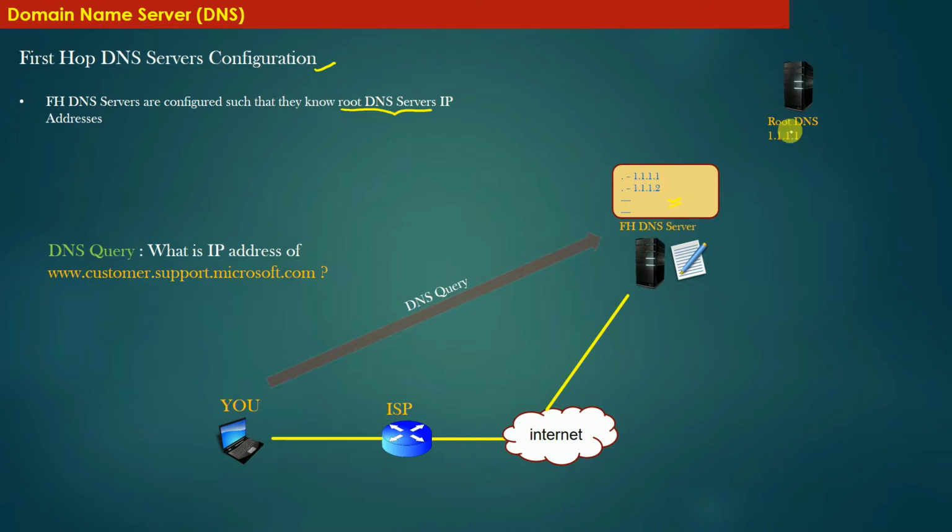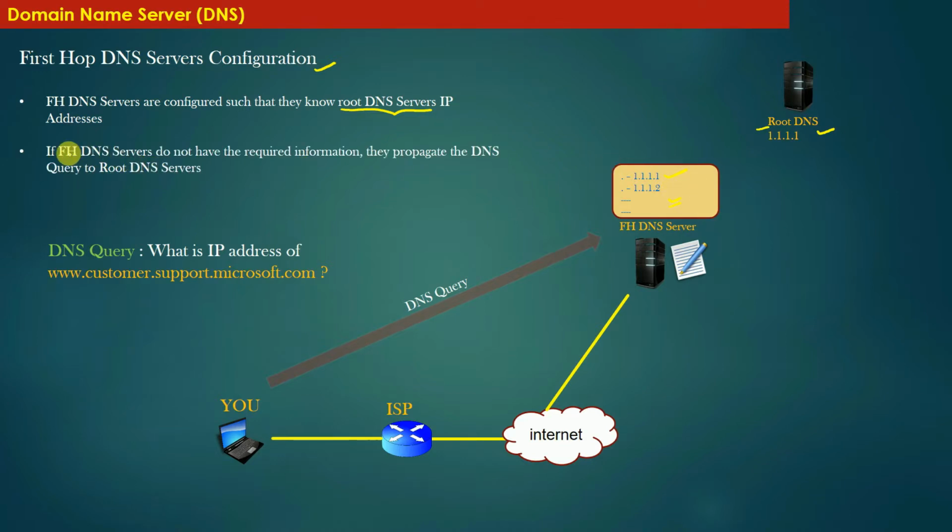Somewhere in the network we have a root DNS server whose IP address is 1.1.1.1. So in the DNS database we have an entry for this root DNS server. Similarly, the IP address 1.1.1.2 will be the IP address of some other root DNS server. Remember, root DNS servers are replicated all across the globe. So this is the basic configuration that we need to do on the First Hop DNS server.